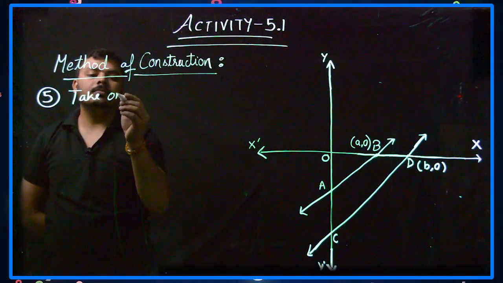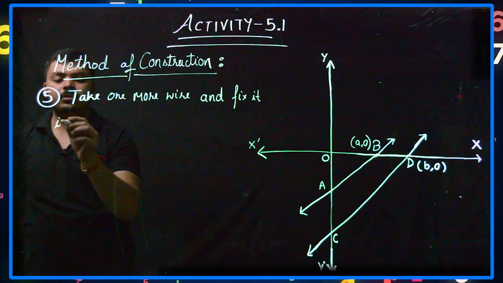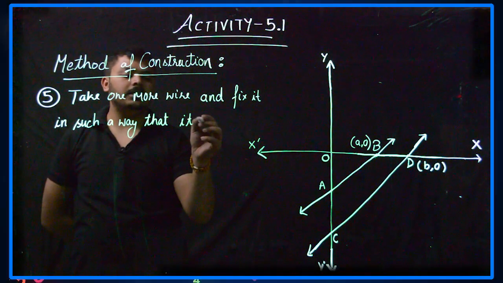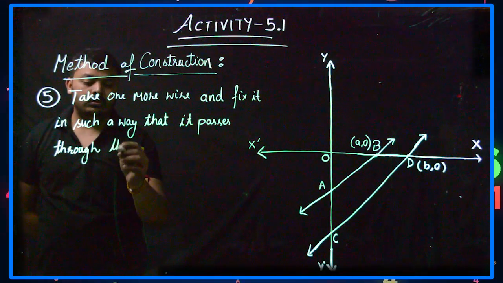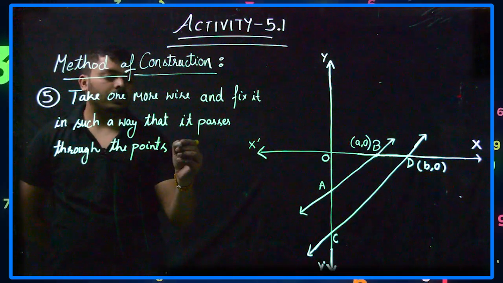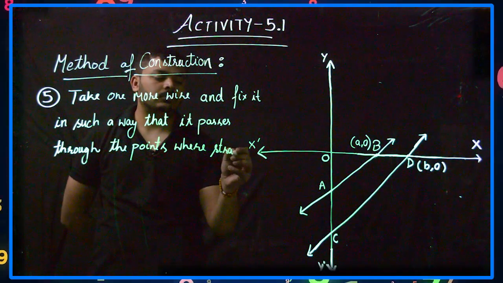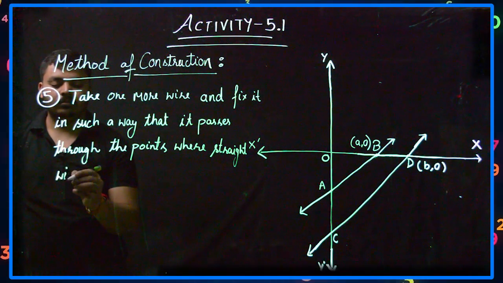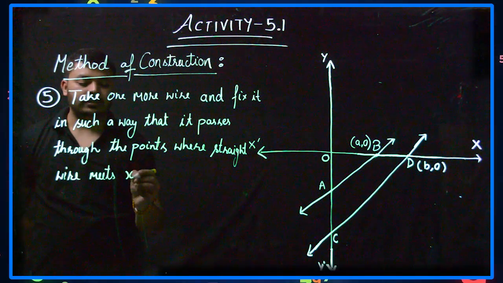Take one more wire and fix it in such a way that it passes through the points where the straight wires meet the x-axis.